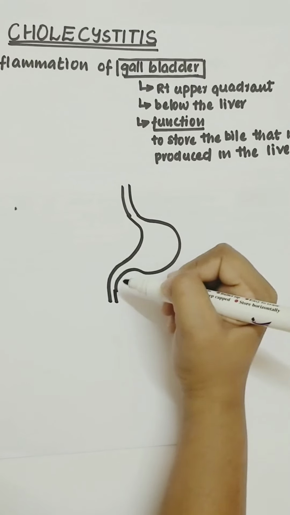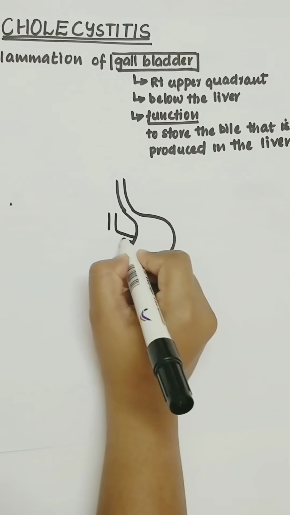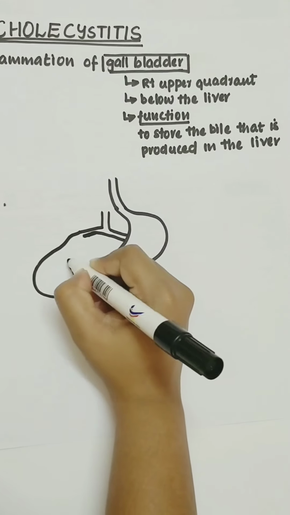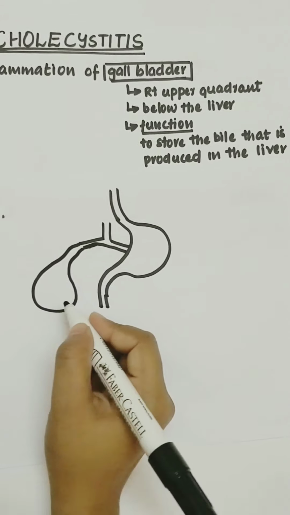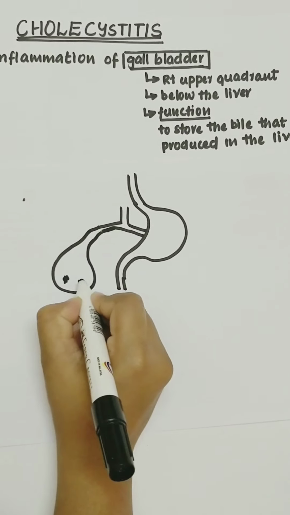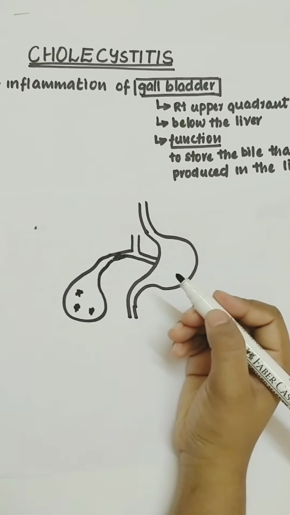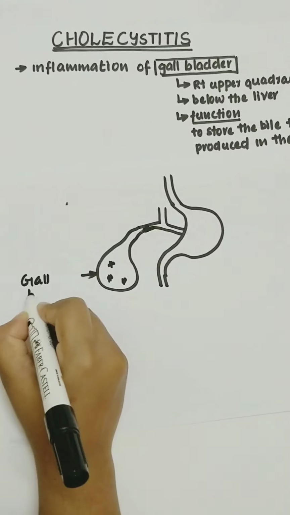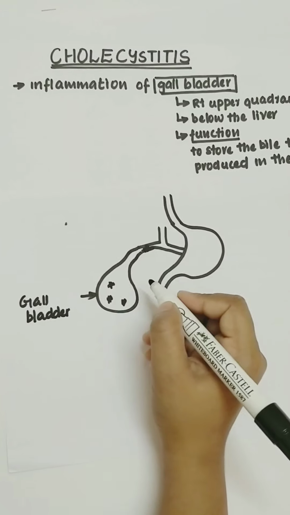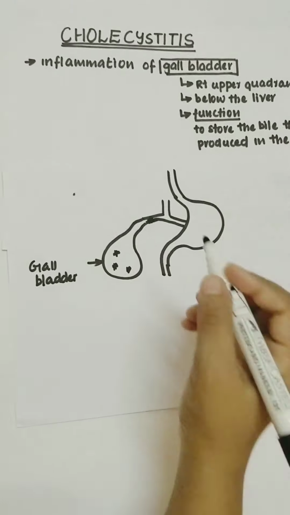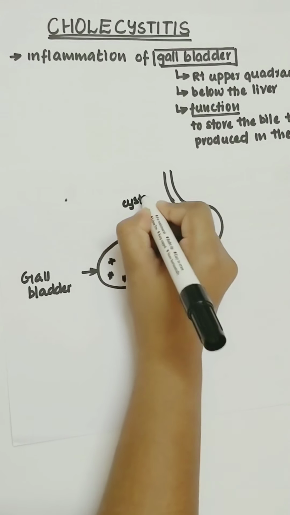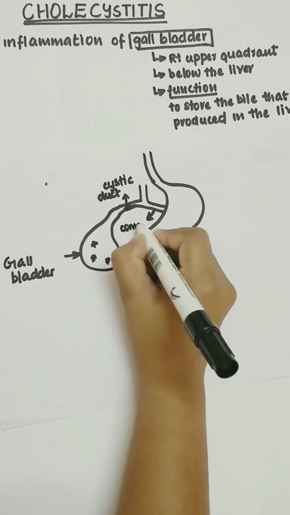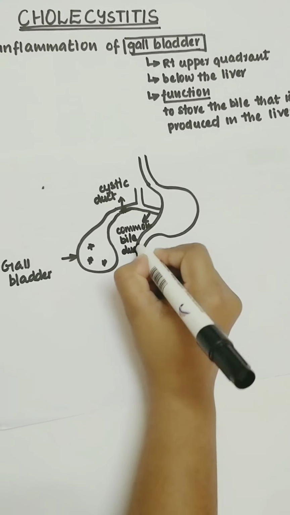So here I am using a diagram to show you what will happen in cholecystitis. This is the gallbladder and the gallbladder will have the stones inside it, or they can be found in the duct also. As you can see, a stone is there in the cystic duct, and this is the common bile duct.